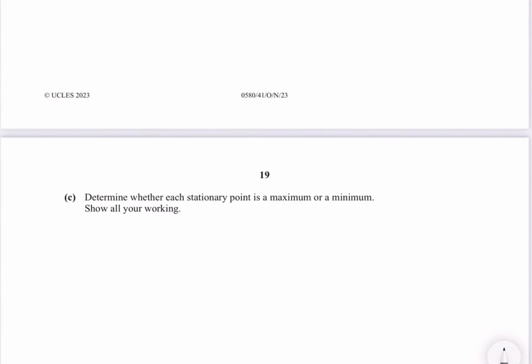Okay, determine whether each stationary point is a maximum or a minimum. Show all your working. So you again differentiate the differentiated part, meaning second differentiation. Dy by dx was 3x squared minus 8x minus 3. So you write d squared y over dx squared is 6x minus 8.